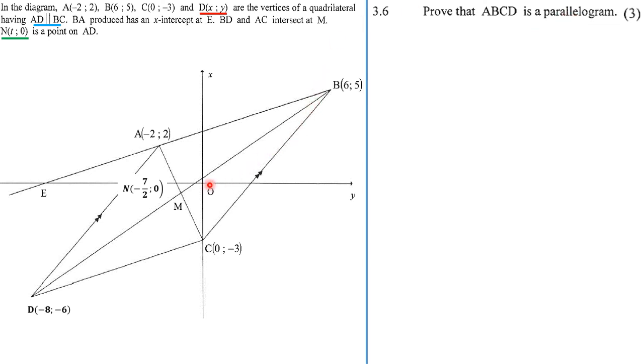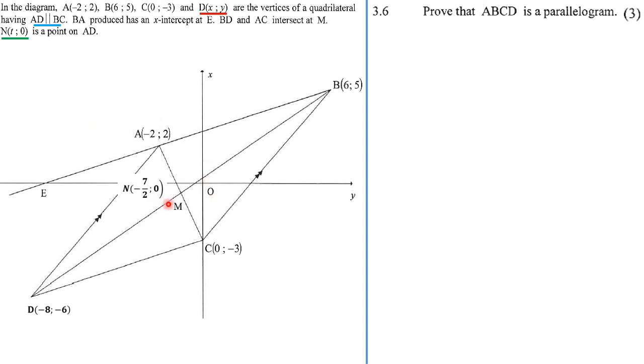Okay, we also know that the opposite angles of a parallelogram are equal, but the angles are not going to help us with anything in here, so let's just discard them. Okay, and we also know that the diagonals of a parallelogram bisect one another.